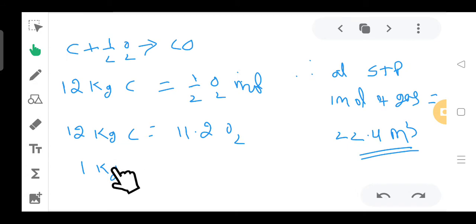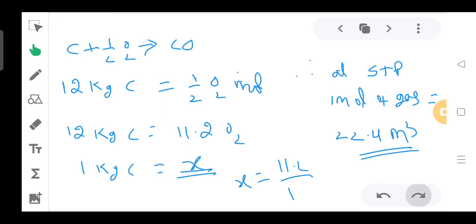For burning 1 kg carbon, it requires 11.2 divided by 12, which is almost equal to 0.93 meter cube of volume. For burning 1 kg carbon, we require 0.93 meter cube of oxygen, friends.